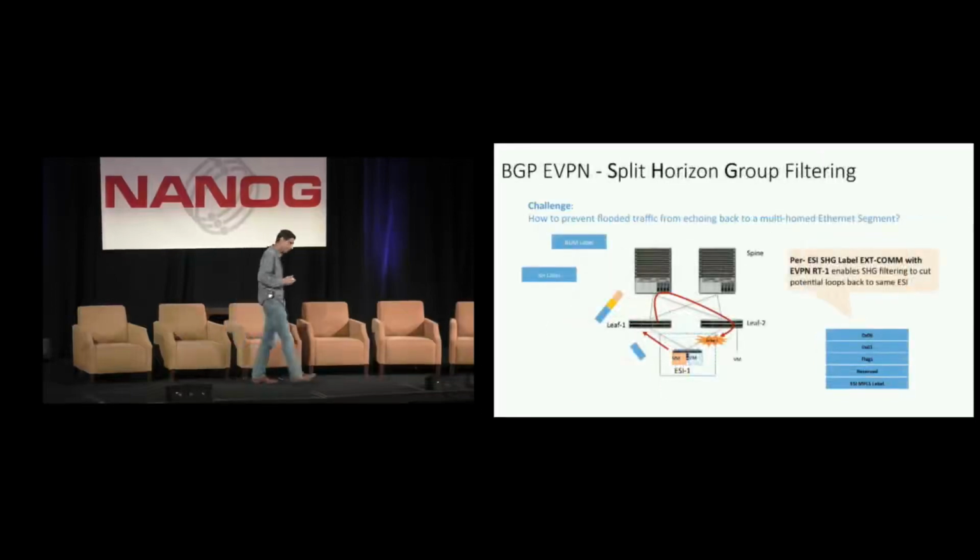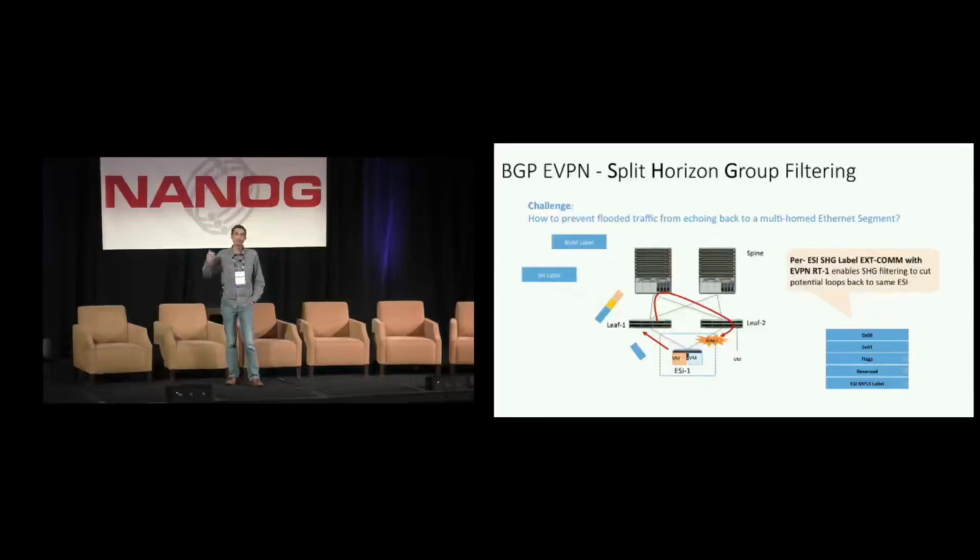So now, when a host is multi-homed and originates multi-destination traffic, like we saw, the traffic is replicated to all the other leaves that are part of the VPN overlay. And if a host is multi-homed, this would include the other leaves that are also part of the redundancy group that the host is multi-homed to.